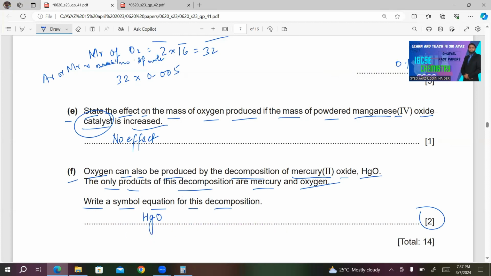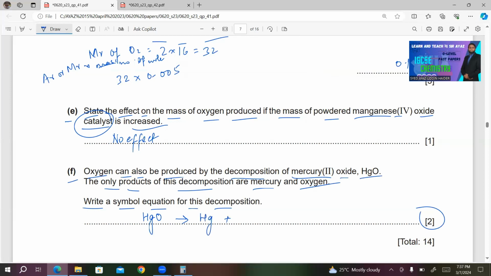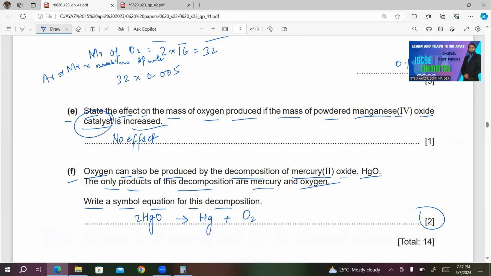HgO. Formula for mercury is Hg, and we know that oxygen exists in the molecular state, so we will write O2 here. Let's balance the equation. I need to write 2 here before HgO in order to balance the oxygen on the product side. So now for Hg on the product side, we need to put 2. Now the whole equation is balanced.